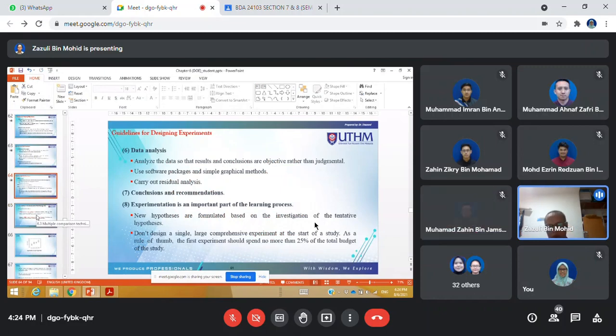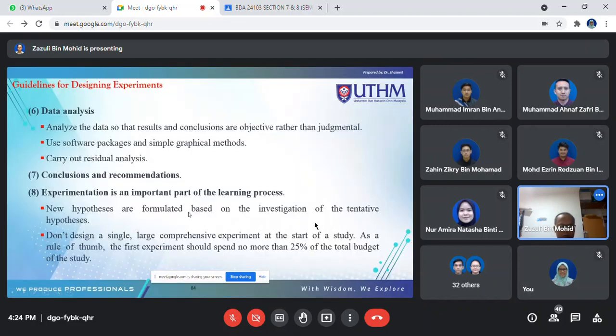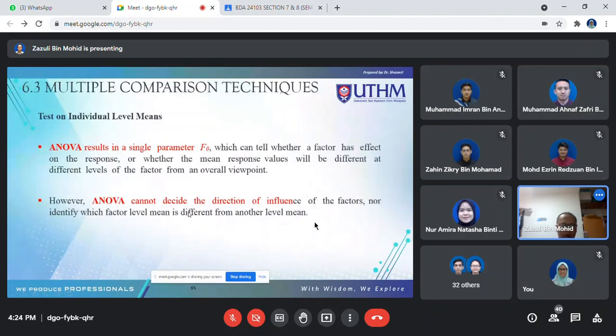I suggest you read both of them, because some of you might think that the second slide is much easier to understand, but maybe some of you also have the opinion that the first slide is much easier to understand. So let's continue with the multiple comparison techniques.